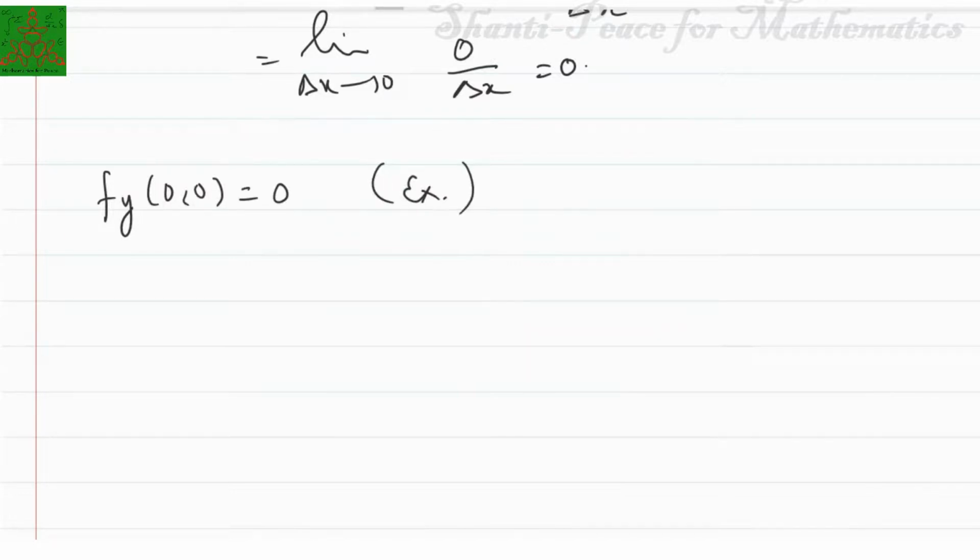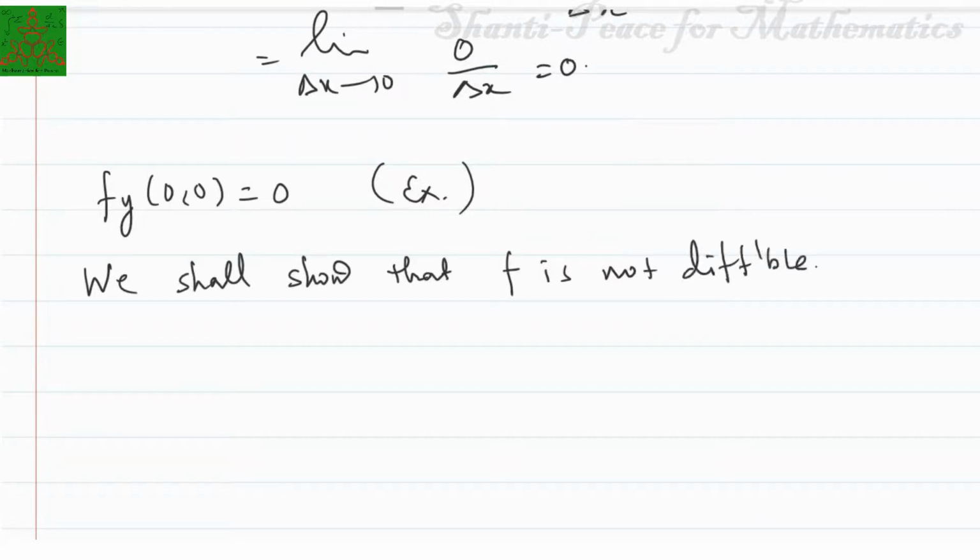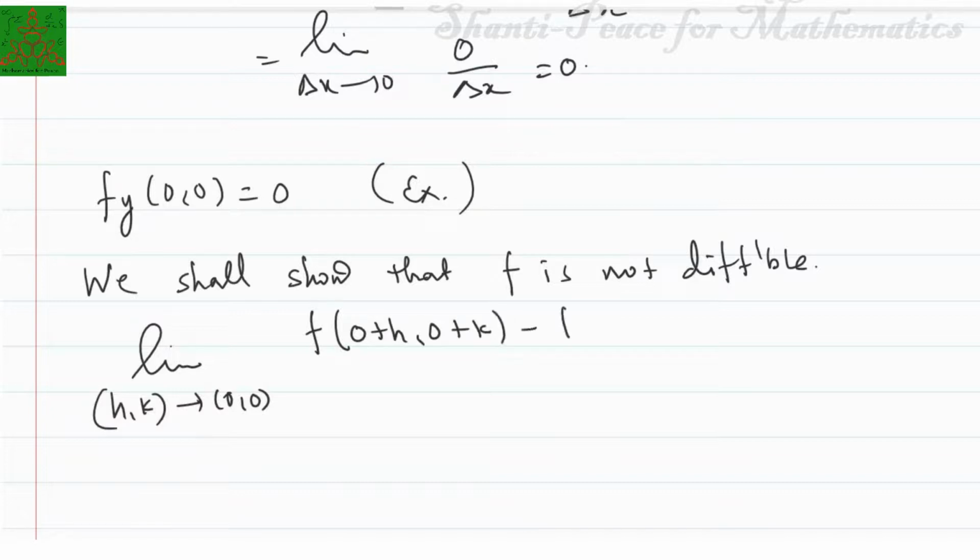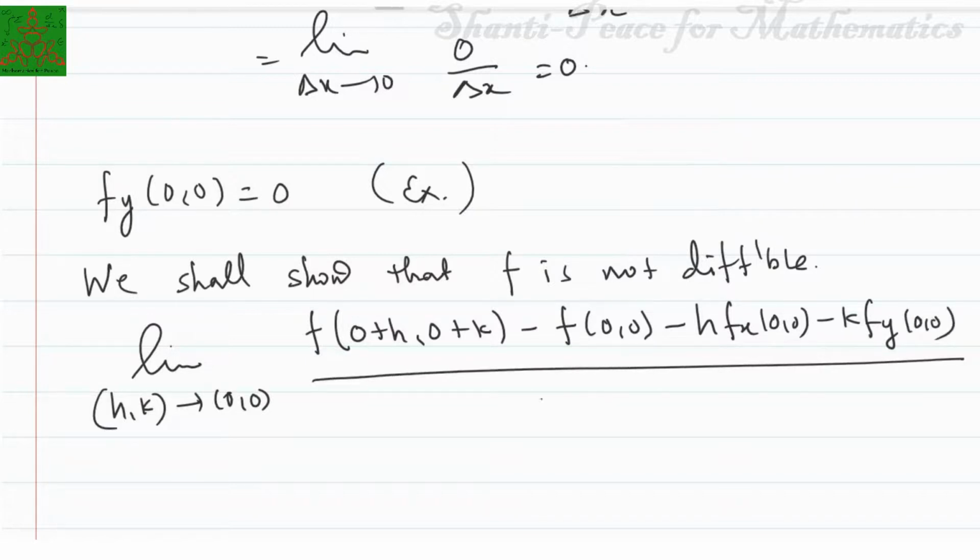The next thing I want to prove is that f is not differentiable. That means I need to prove that the limit as (h,k) tends to (0,0) of [f(0 + h, 0 + k) − f(0,0) − h·fx(0,0) − k·fy(0,0)] / √(h² + k²) is not equal to 0.